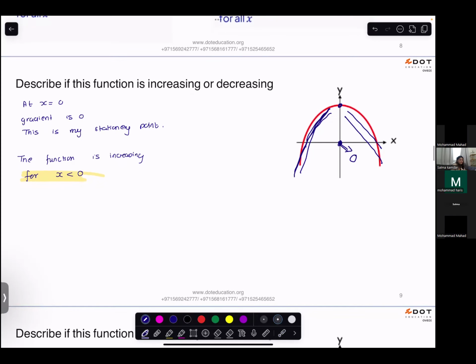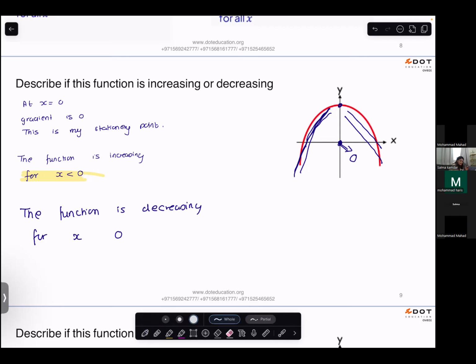Haris, can you help? Yeah, the function is decreasing from the value x greater than 0. Function is decreasing for x less than 0. Yes, less than 0, my bad. So we did three things. I said my function is increasing for x less than 0. The function is decreasing for x greater than 0.